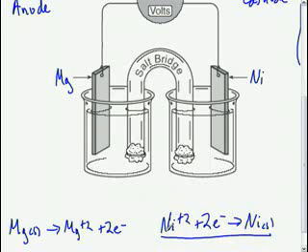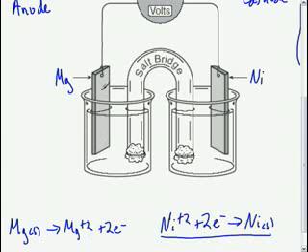Nickel solid is not actually a reactant, which means we could use anything that wouldn't react. An inert electrode would work as well, so we could use platinum, an inert carbon electrode, anything else that would work. However, on the anode side, the solid is being used up to create magnesium plus 2, so we are required to have a magnesium electrode on this side.